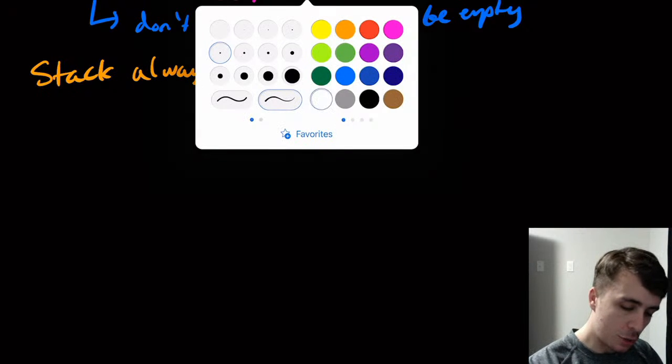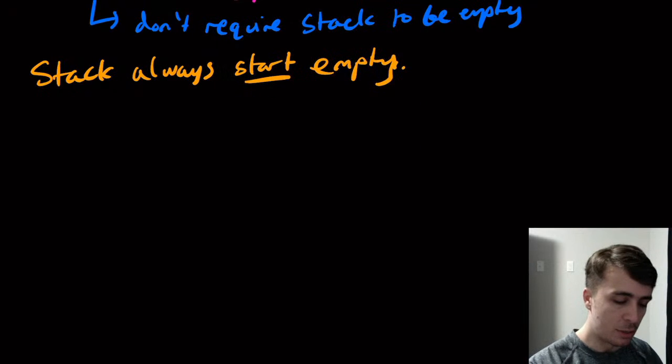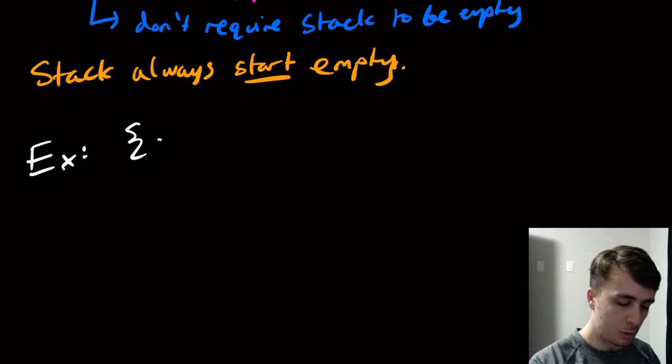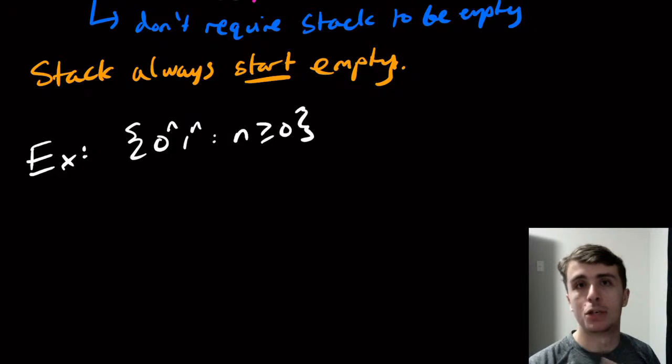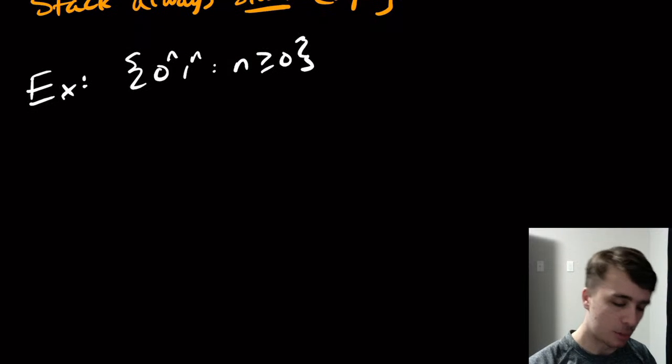So how do we actually do that? So let's do an example right here. Let's do 0^n 1^n, where n is at least 0. So we made a grammar for this. And if these are the right model, we better be able to make a PDA for this language.